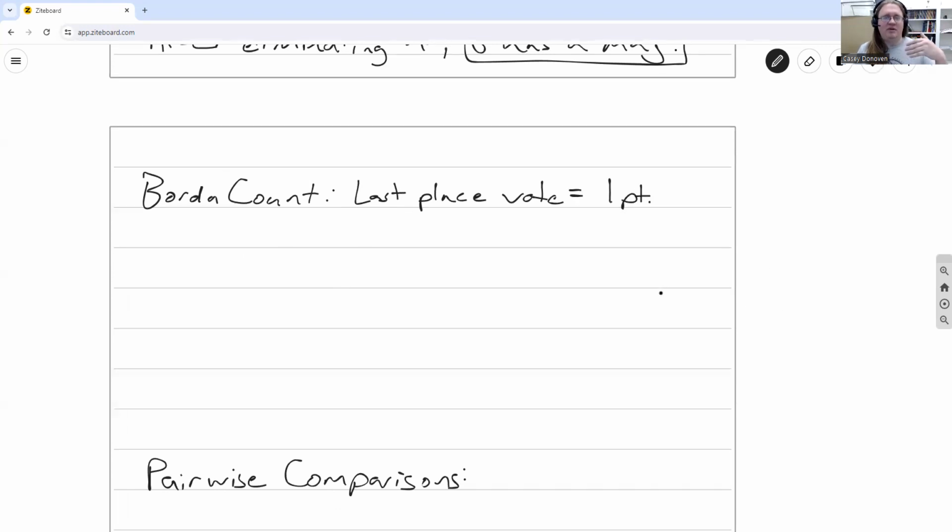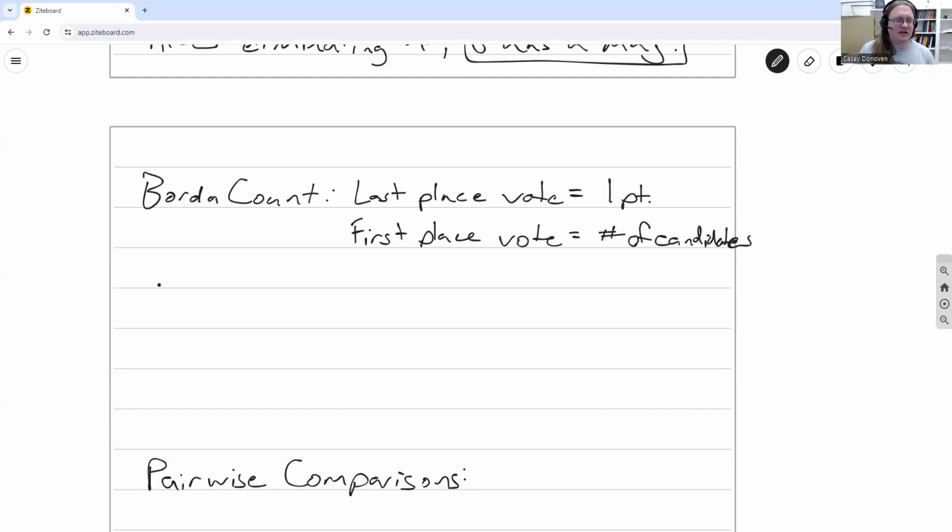And then it goes up by 1 every time until you get to the first place vote, which is equal to the number of candidates. And then everywhere in between is worth a different amount.